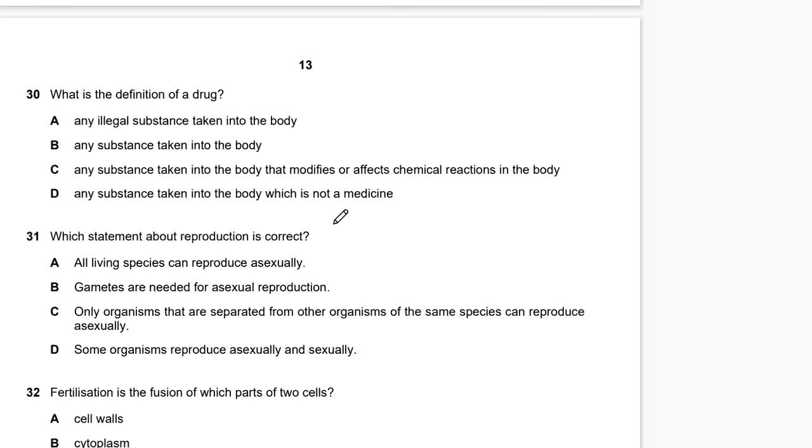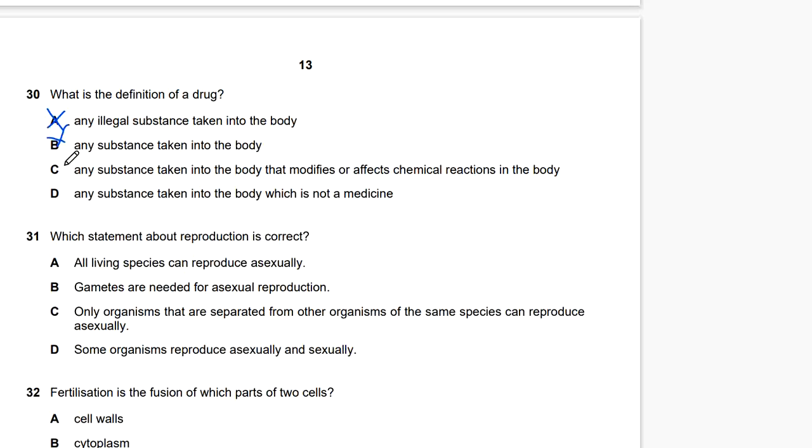What is the definition of a drug? So is it any illegal substance taken into the body? Drugs are also termed as medicine, so this one is not correct. Not all substances taken into the body are drugs.